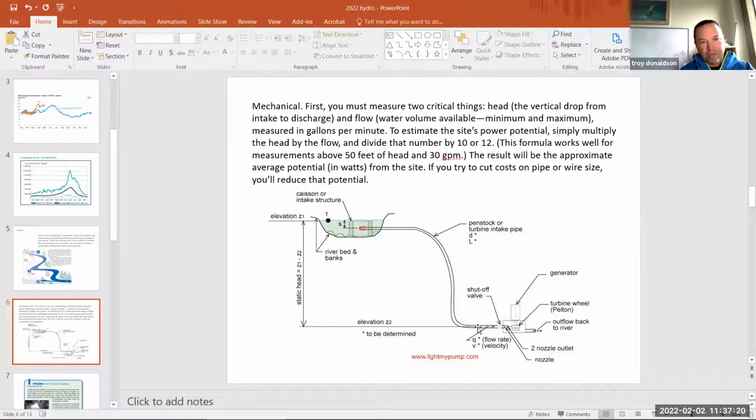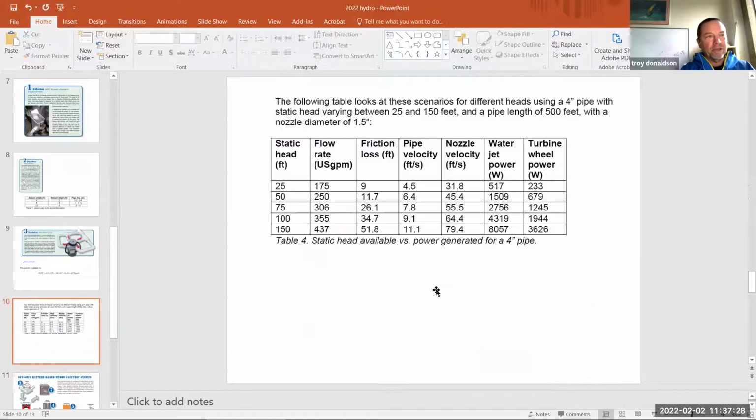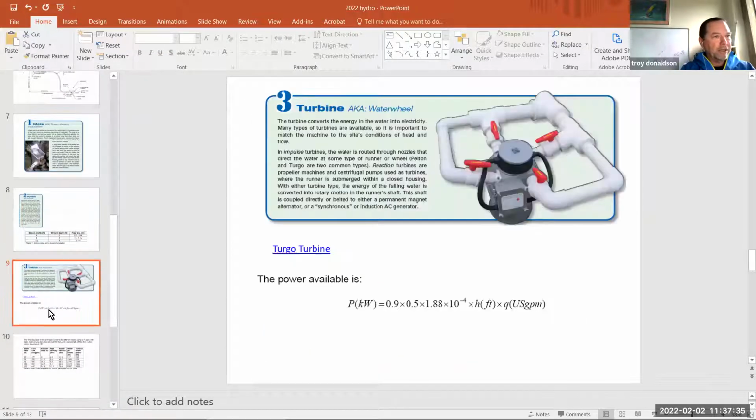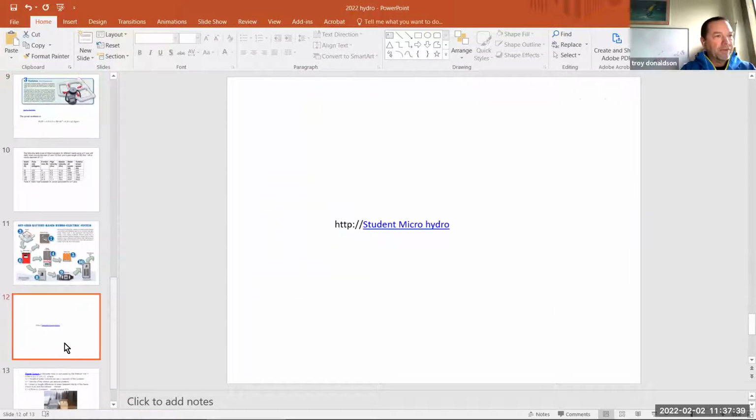So Pelton turbines are probably the most common. And I think I have a little video to show you on this. So I'll see if I can get that going. It's a small system, but it's an amazing amount of power that can be generated. So let me see if I can find that. Not to jump ahead here. Let's see what this one is.